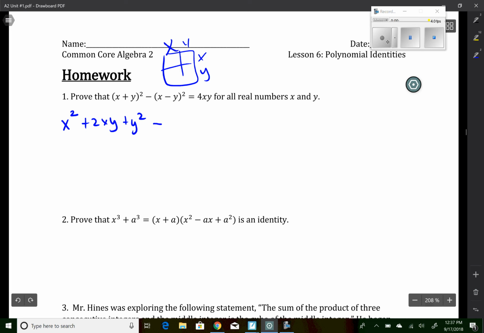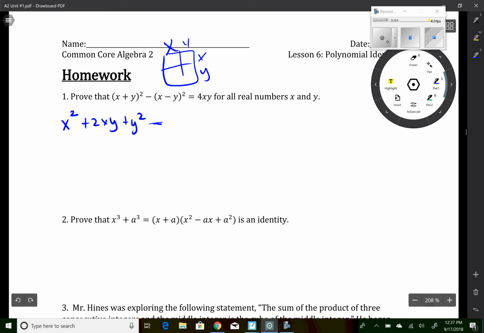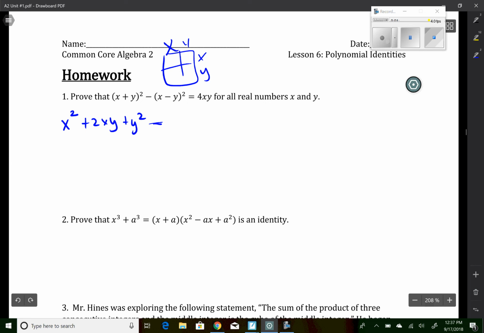We're then going to subtract, and then it's going to be x squared minus 2xy plus y squared, is all equal to 4xy.